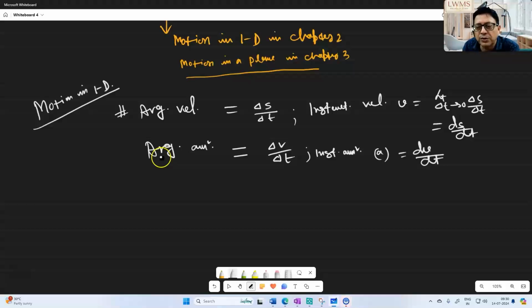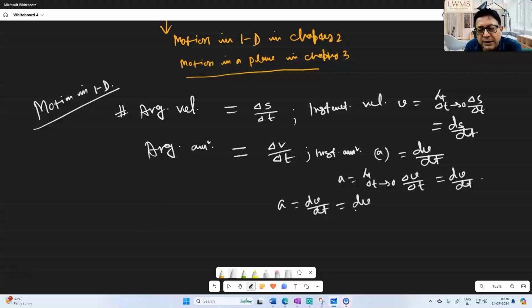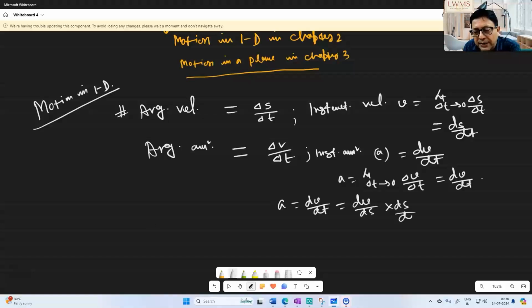This is also A equals limit delta t tending to 0 of delta v by delta t, and this is nothing but dv by dt. We have another expression for acceleration, A equals dv by dt. This implies dv by ds into ds by dt. This is nothing but v dv by ds.